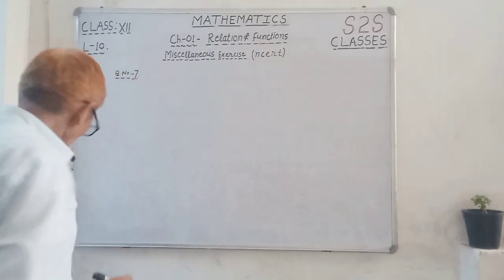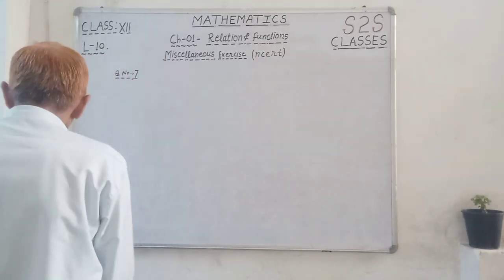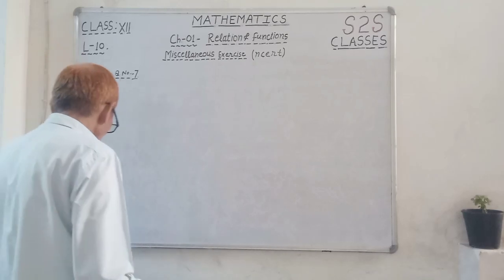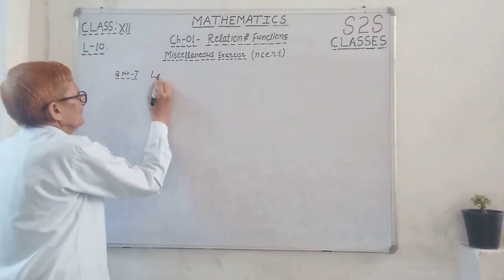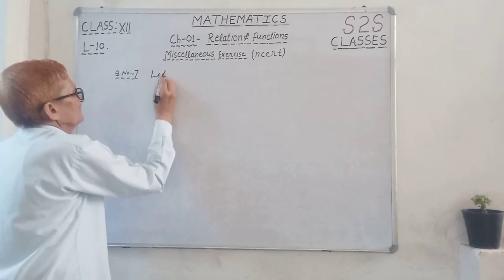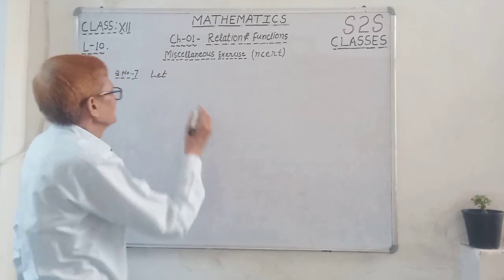Okay, in NCERT question 7, what is question 7? Question 7 is: let A equal to B, then the number of equivalence relations. Same question on the same set, but asking equivalence.